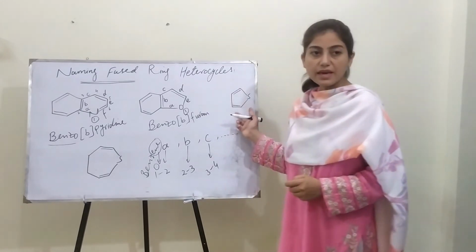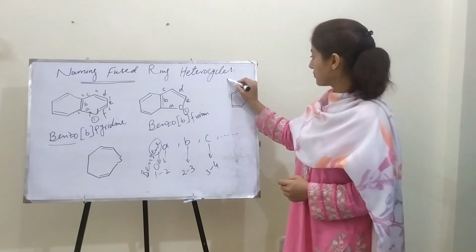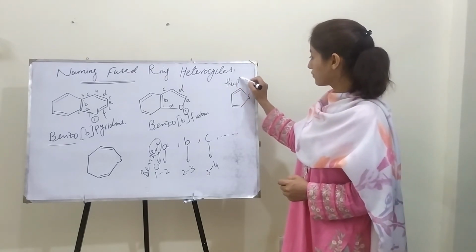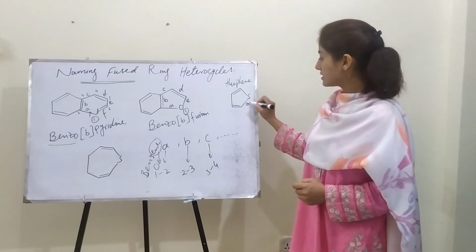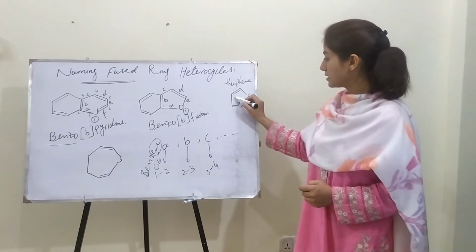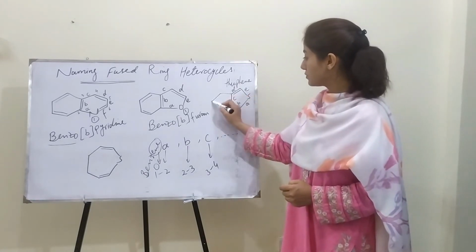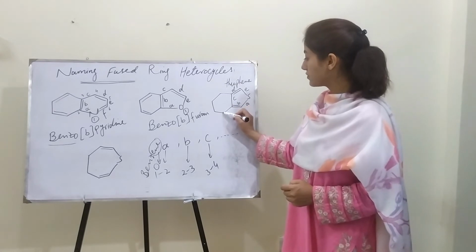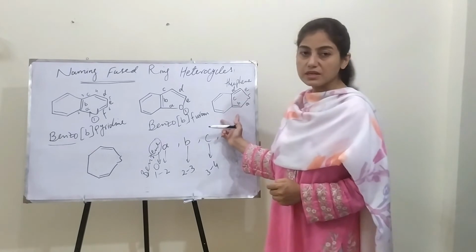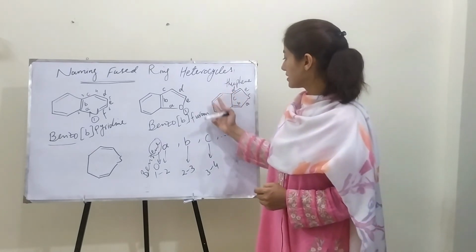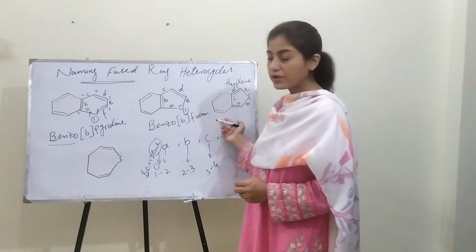And similarly, in the case of this heterocycle, that is thiophene, this side would be A, B, C, D and E. If the benzene ring is fused with the side C of this heterocycle, its name would become, first we have to write down as prefix the name of the other ring.